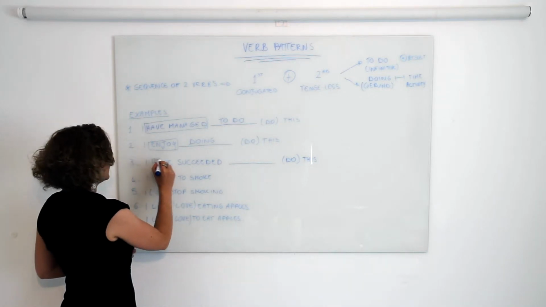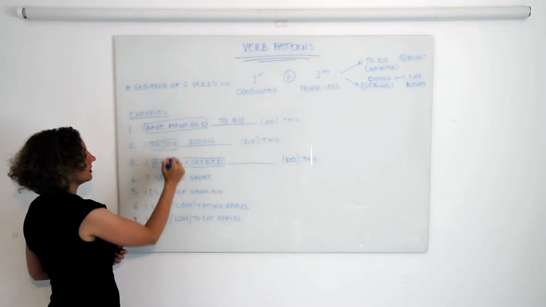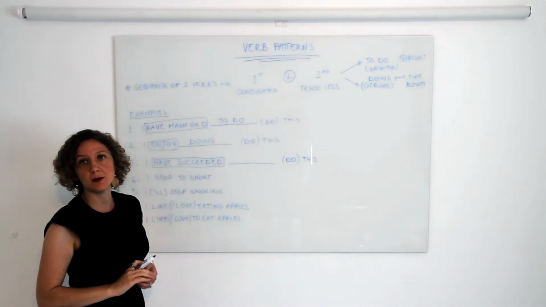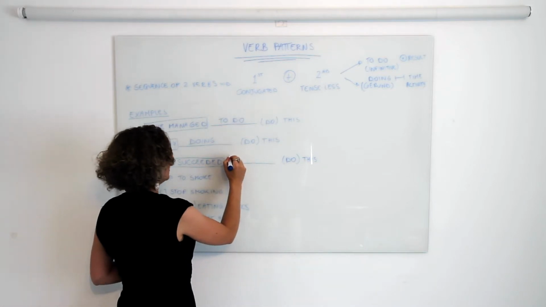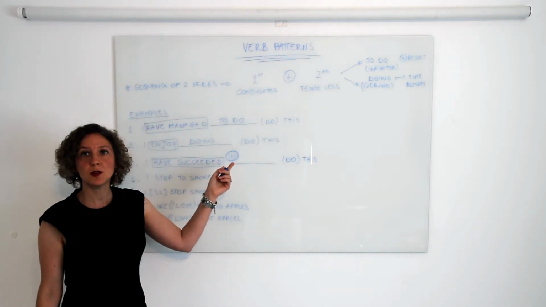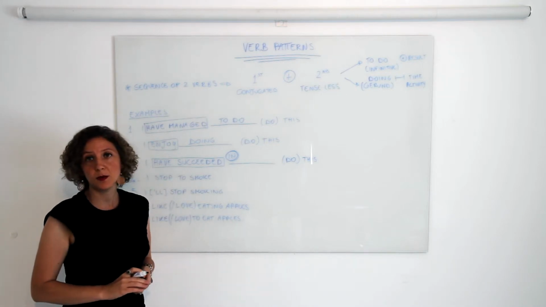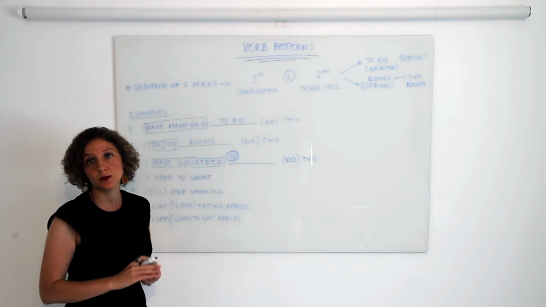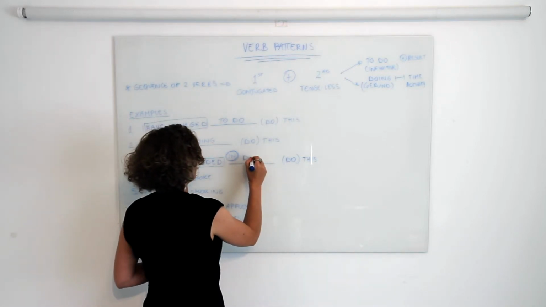Now, as we can see from example number 3, I have succeeded is perfectly synonymous with I have managed, but there is a tiny but significant difference. I have succeeded in. This verb is followed by a preposition, so no matter the actual meaning of the verb itself, whenever we have a preposition followed by a verb, the verb will be in the gerund, in doing.